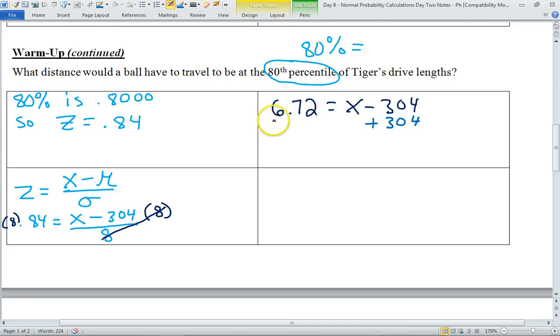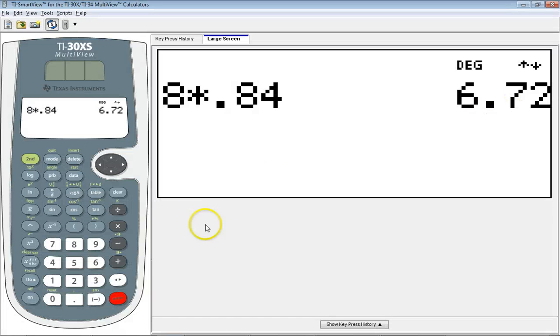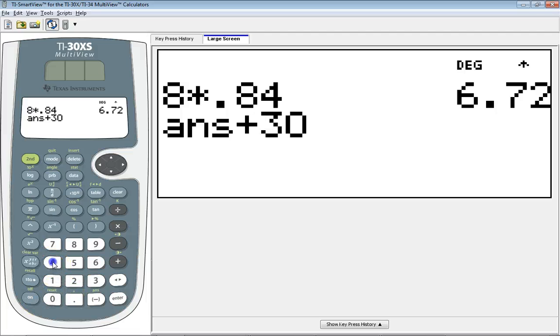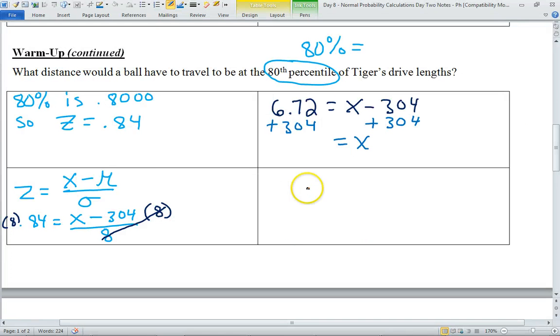You got it. Okay, so that gives me x equals, let's see, plus 304. That's giving me 310.72. Okay, this is the value that we were supposed to find.